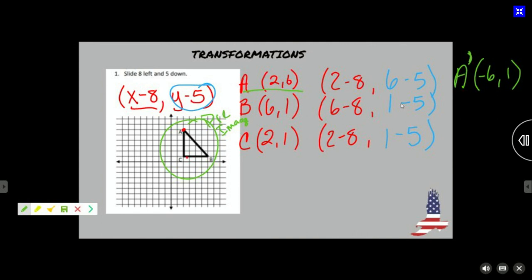All right, let's see B prime and C prime. Does everybody know what to do? Minus 8, minus 5.